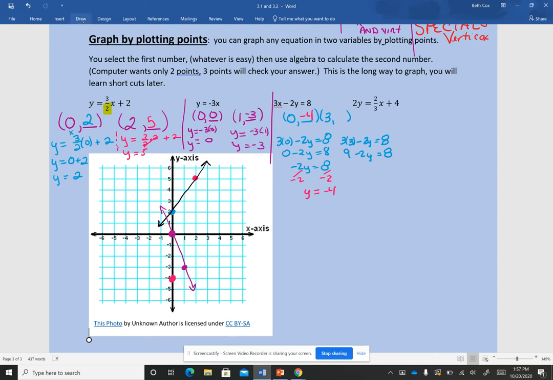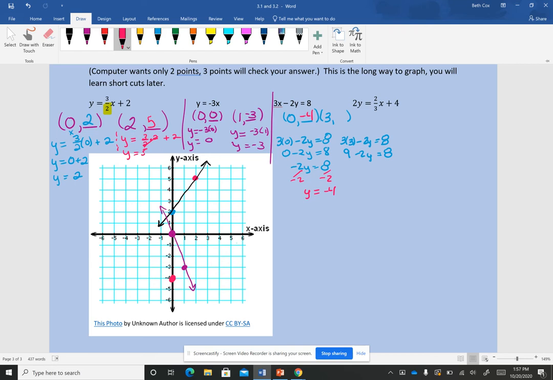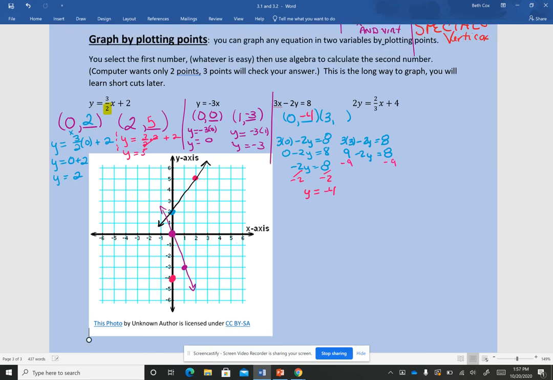Okay, so I'm going to solve. Now I'm solving. I'm changing colors because I'm solving. So I'm going to subtract 9 on both sides because I'm solving now. And now to divide both sides by negative 2. And I get y is, a negative divided by negative is a positive, 1/2. I get y is 1/2.